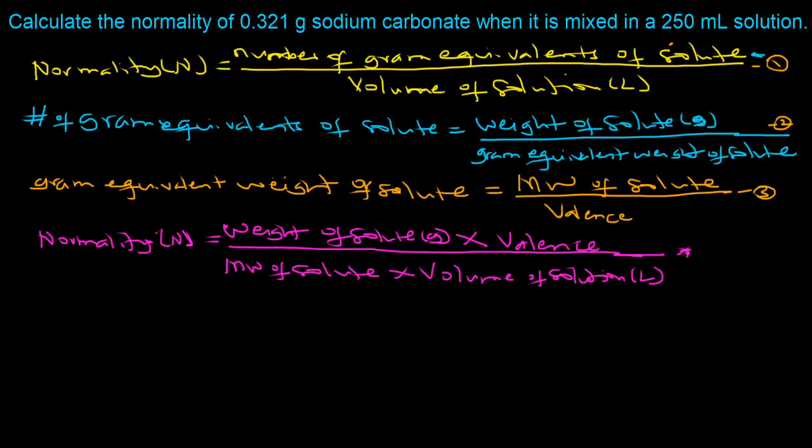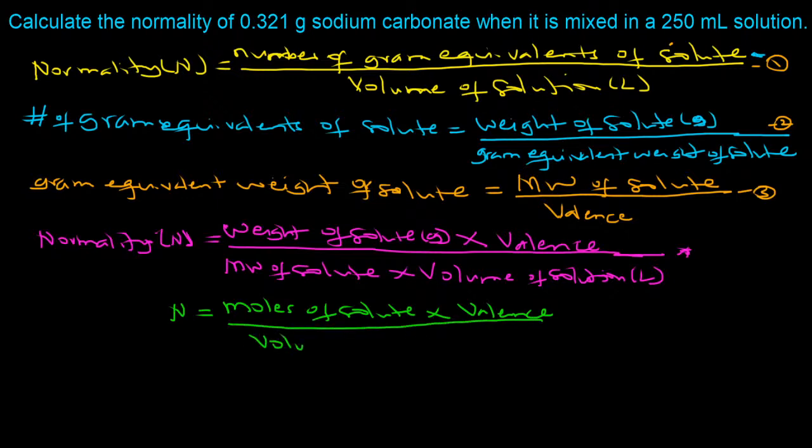And what we can then do is modify this equation and come up with another one where normality is equal to the moles of solute times valence divided by the volume of solution. That is because when you take the weight of solute and divide that by the molecular weight of the solute, you get the moles of solute.